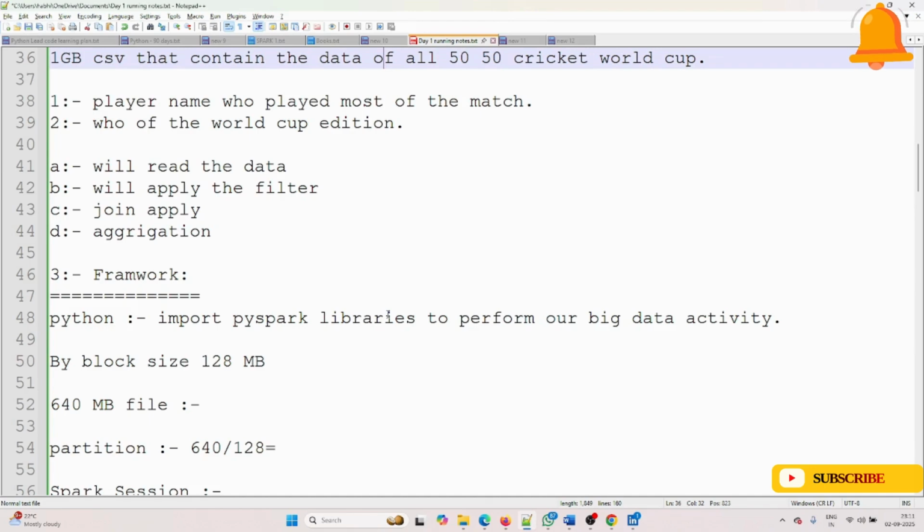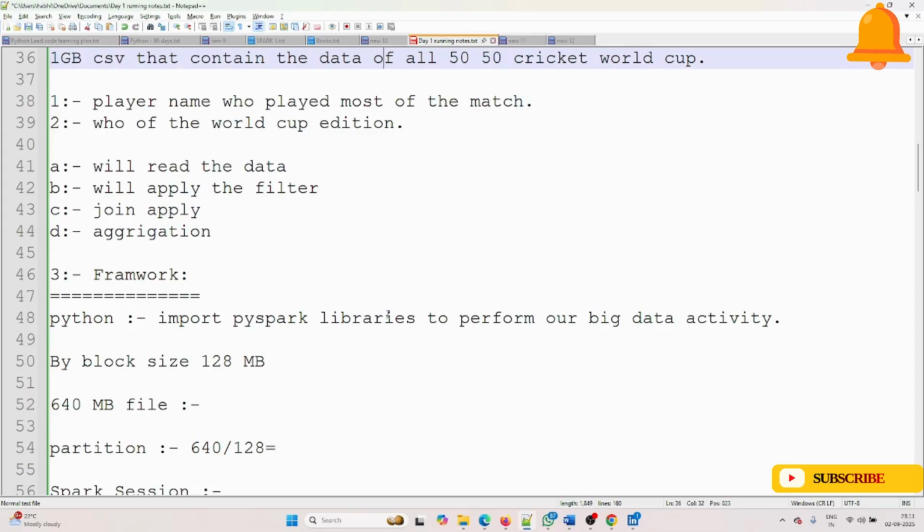Then why is distribution needed? Suppose I have 1 GB of data and I want to process it on a single computer, my laptop, which has 16 GB of RAM. We know that Spark works on memory only, in-memory computation.